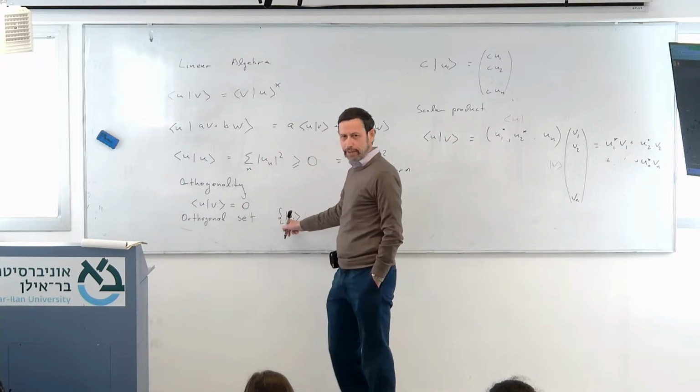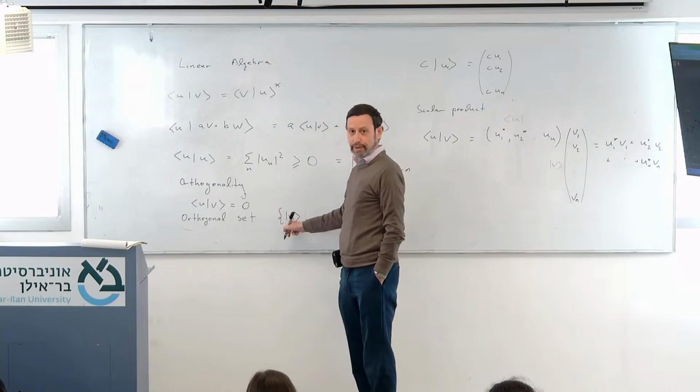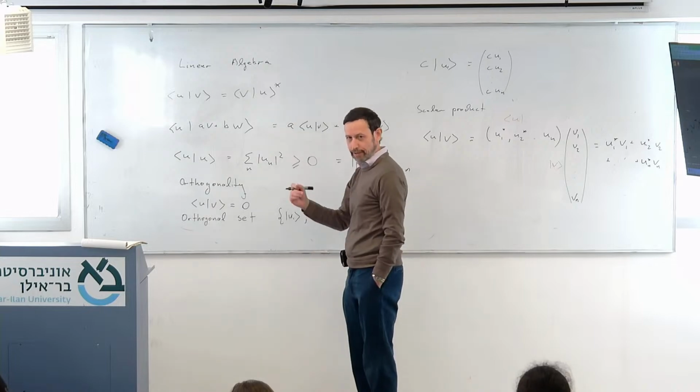Here U1 is not the first term of the vector, it's the vector U1 that has n terms.